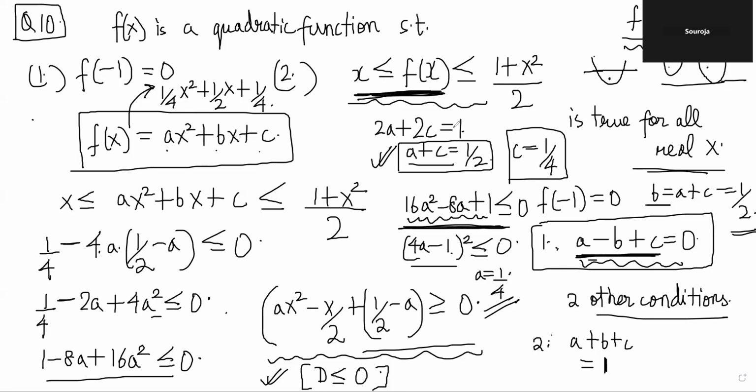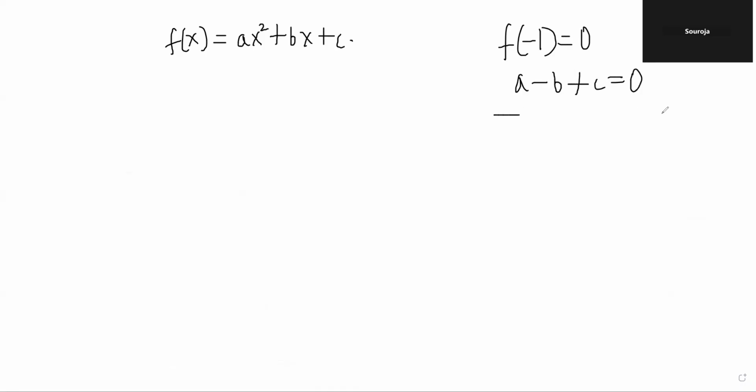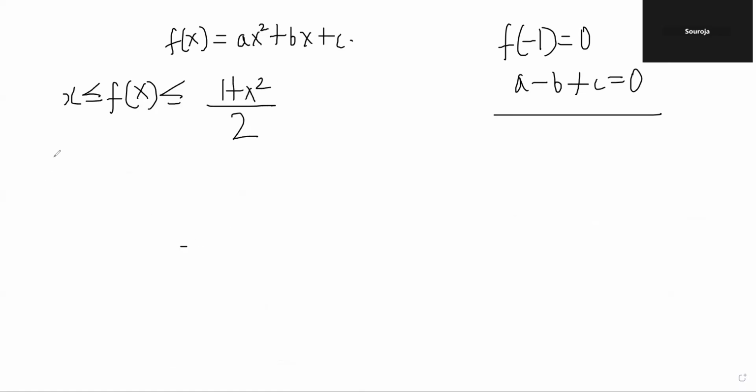So notice what we have done. What are the things that we did to solve this problem? We had f of x as a general quadratic like this. We were given f of minus 1 is 0. So we had a relation a minus b plus c is 0. We were also given f of x is always satisfying this condition, right?